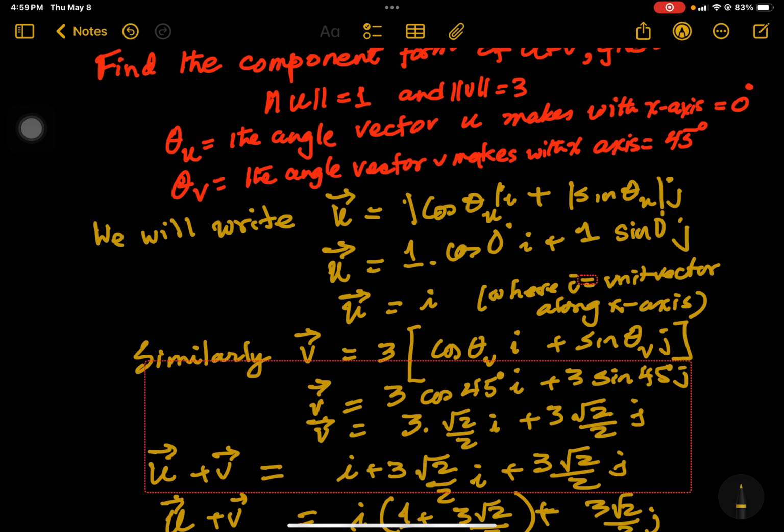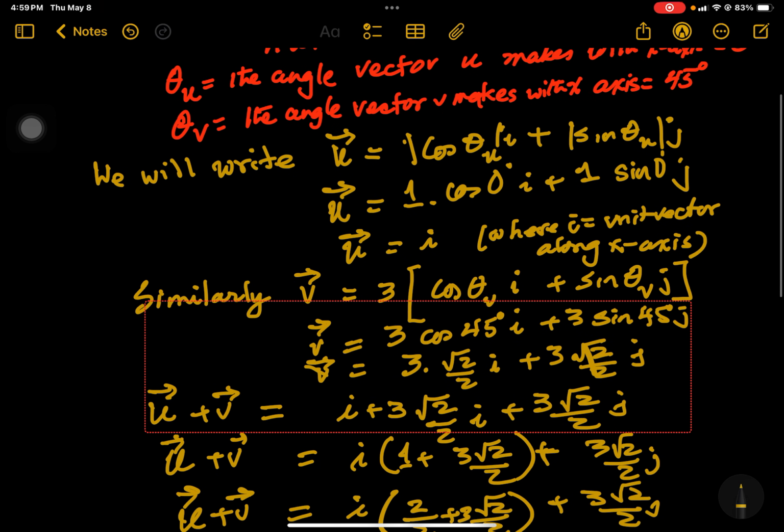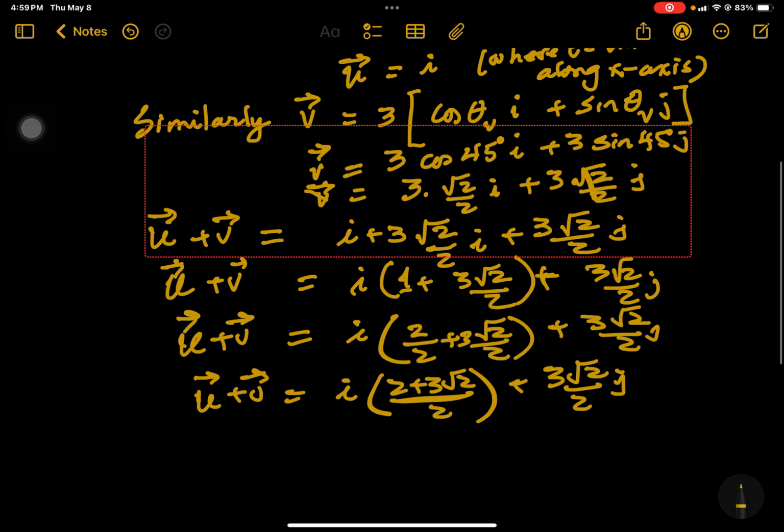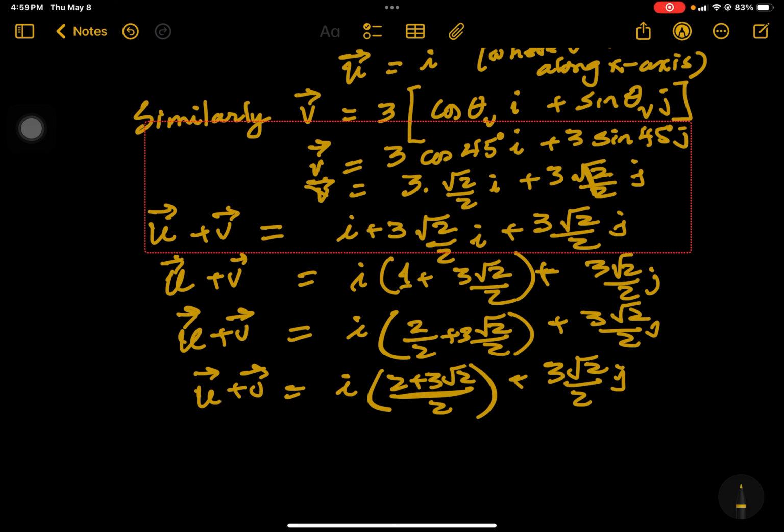Since vector u is only i, we add the i to the 3 square root of 2 by 2 i from vector v, and plus 3 square root of 2 by 2 j from vector v. Now we add the 1 plus 3 square root of 2 by 2 for component i, which becomes 2 plus 3 square root of 2 by 2 times i plus 3 square root of 2 by 2 j.